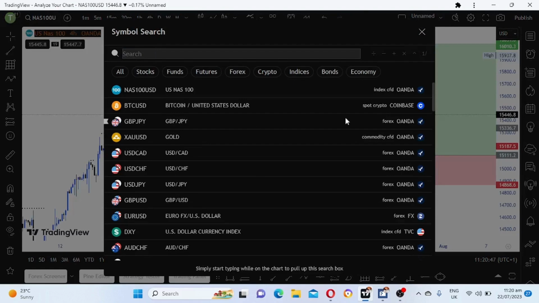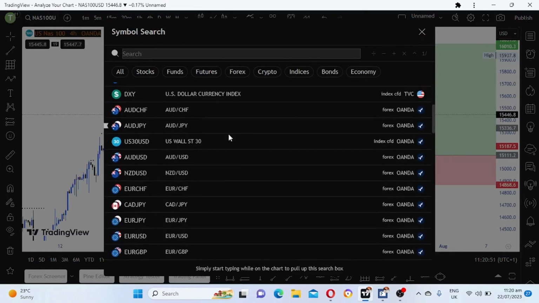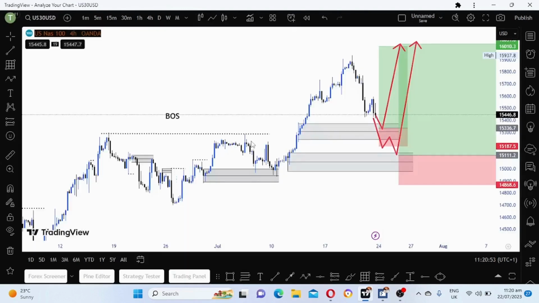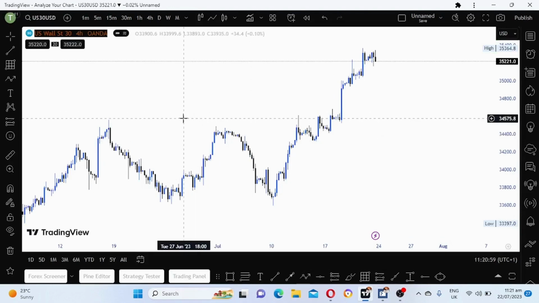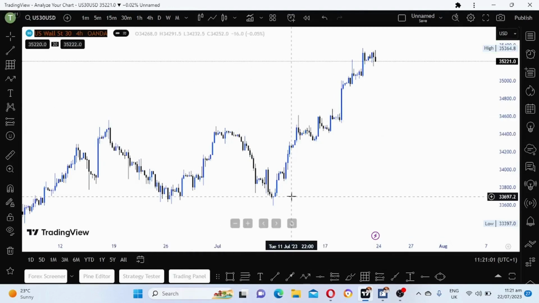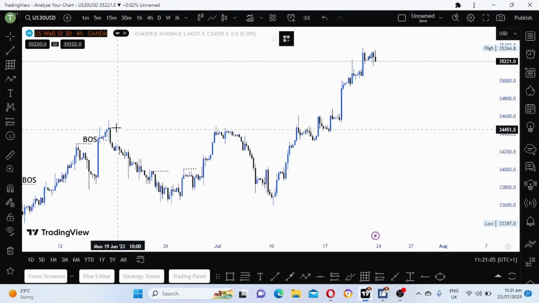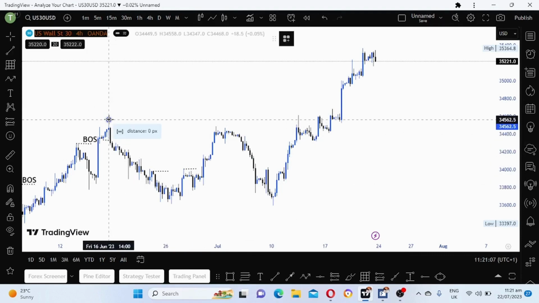Now let's look at US30. Let's look at US30. Now looking at US30, guys, as you can see, price is here in an uptrend. Here is our last break of structure.